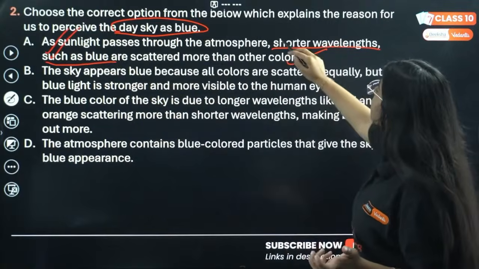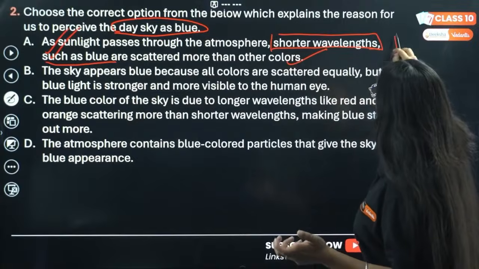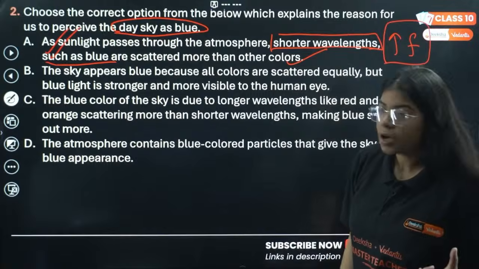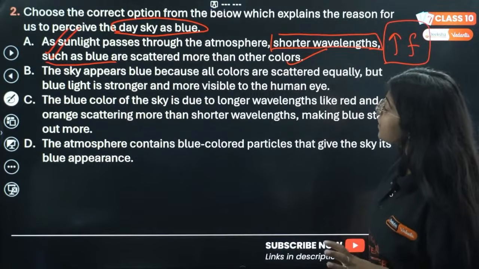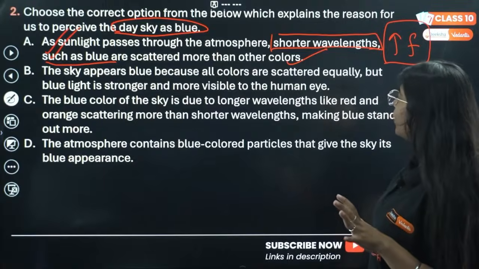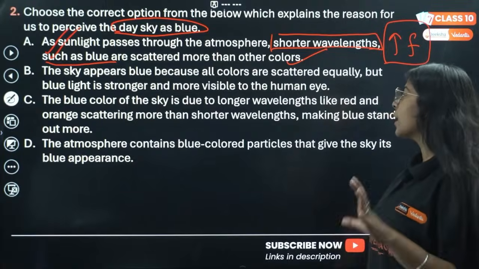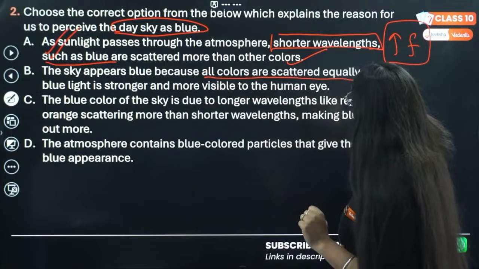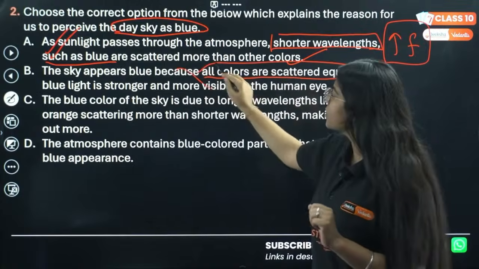Blue has shorter wavelength, so it has higher frequency, so that's why it scatters more. Now the second option is, the sky appears blue because all colors are scattered equally, but blue light is stronger and more visible to the human eye. We know that all colors do not scatter equally, so this option is wrong.